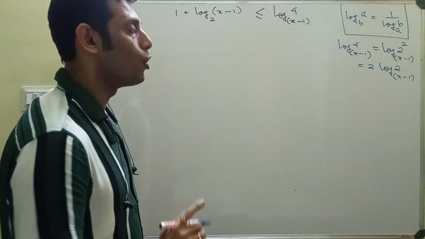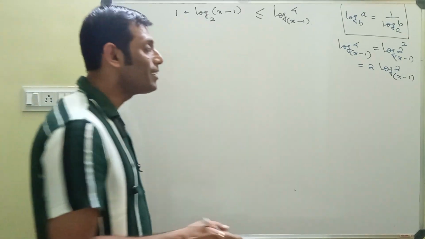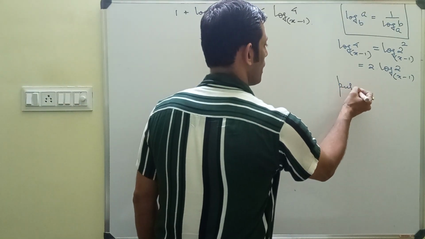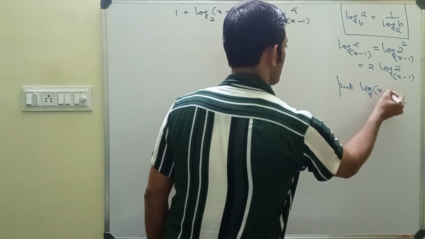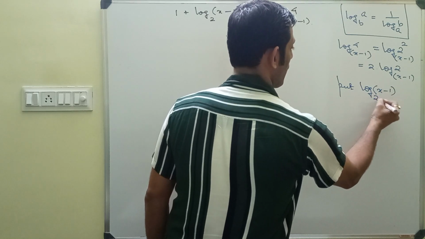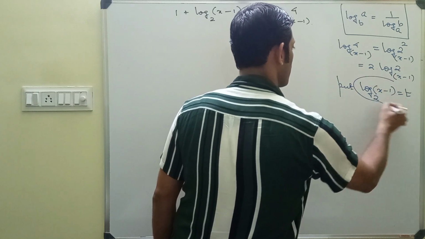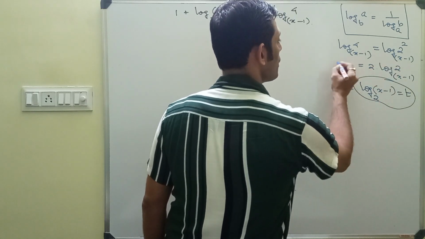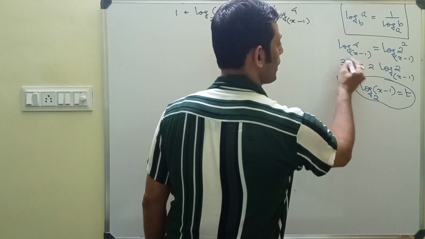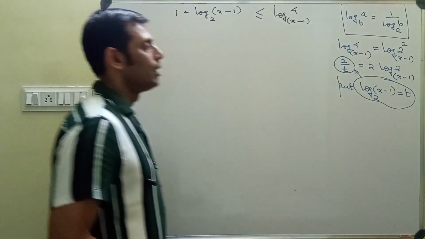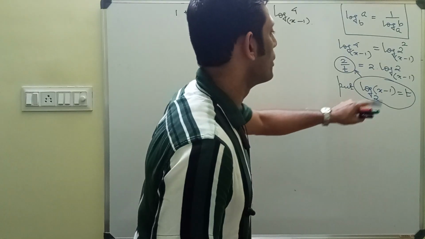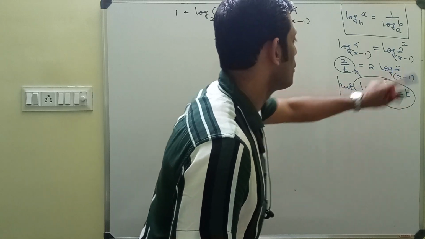Therefore, if I put log of x minus 1 base 2 equal to t, then this value is equal to 2 by t. Consider this: if this is t, then this is 1 by t.